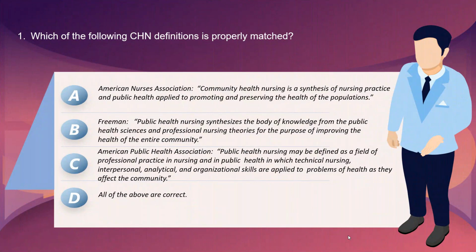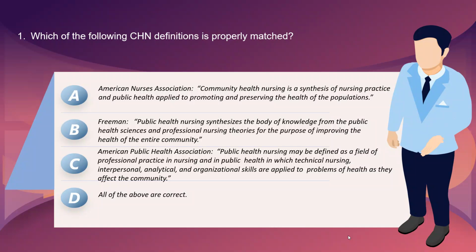Or letter C, American Public Health Association: public health nursing may be defined as a field of professional practice in nursing and public health in which technical nursing, interpersonal, analytical, and organizational skills are applied to problems of health as they affect the community. Or letter D, all of the above are correct.